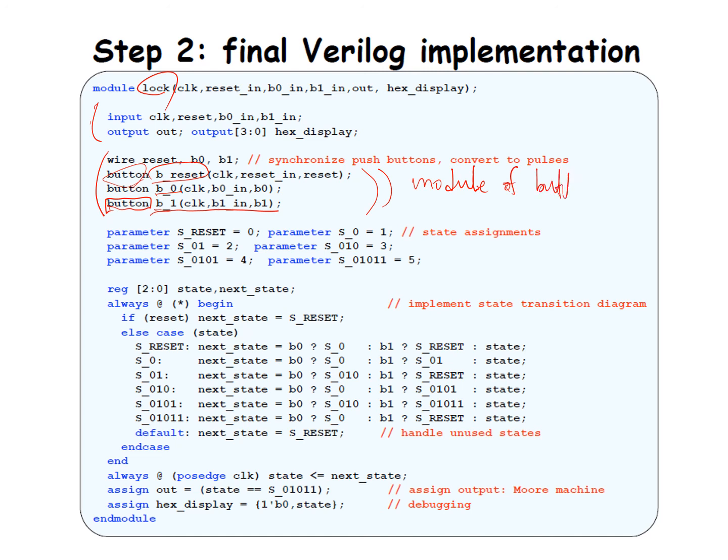Then we define the parameters for the state, and we describe the state machine, then the flip-flop for the state, and then assign for the output. So assign for the hex display like this.